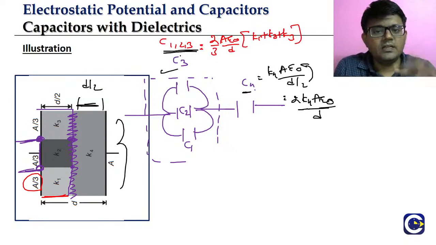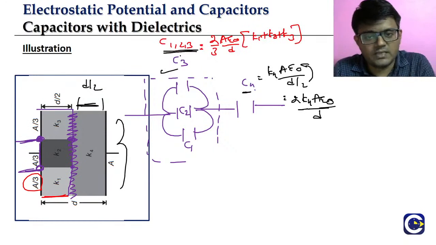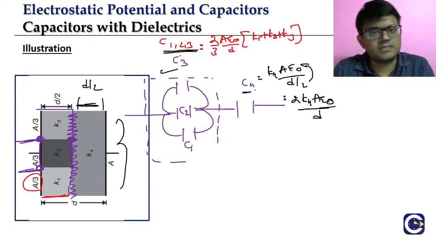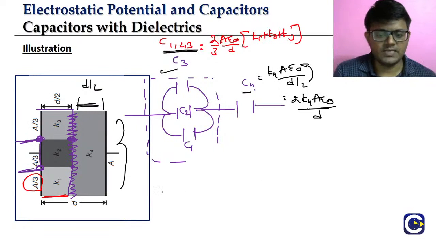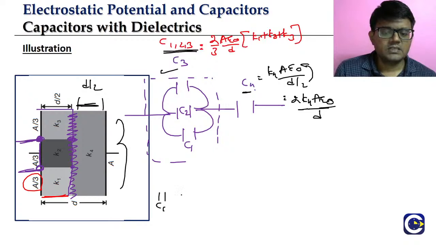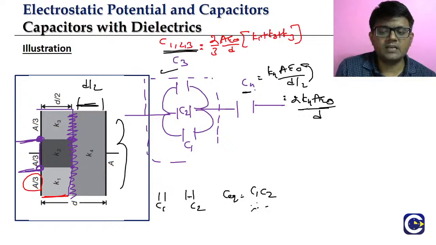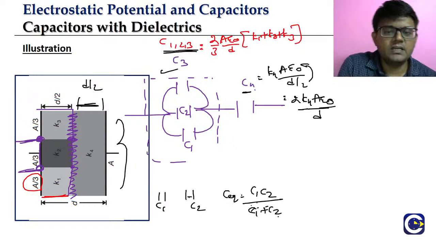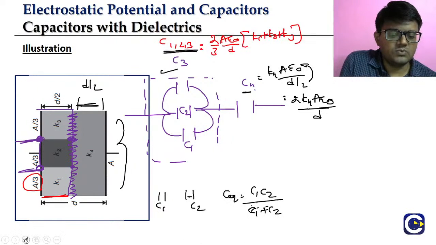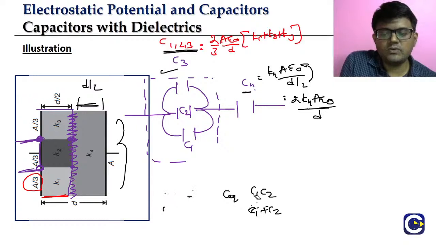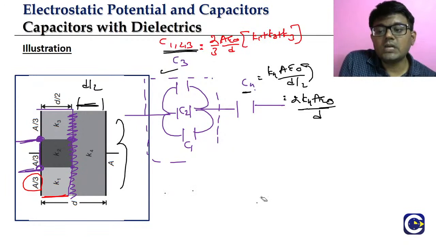Capacitance 1 into capacitance 2 by capacitance 1 plus capacitance 2. Say two capacitors C1 and C2 are in series, what is their equivalent? C1 C2 by C1 plus C2. This is a basic formula, so we should be very clear with it. Using that formula, we will write down the overall equivalent capacitance.